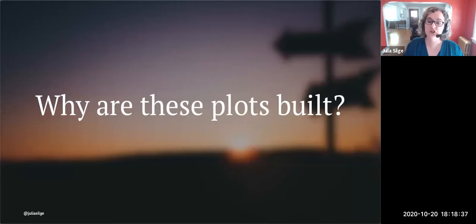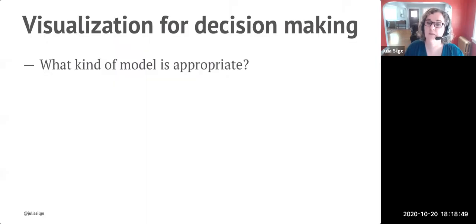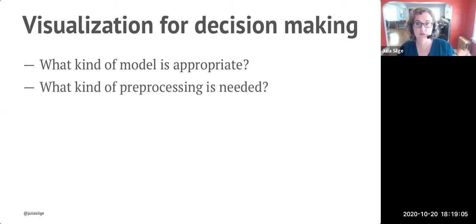So when a practitioner starts out on a modeling project, understanding the data is one of the first substantive tasks being faced. And that is because there is about to be a whole bunch of decisions that need to be made. And these data visualizations during EDA let practitioners ask and then refine specific questions related to the modeling goals, like what kind of model is appropriate?